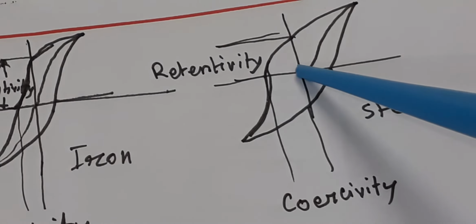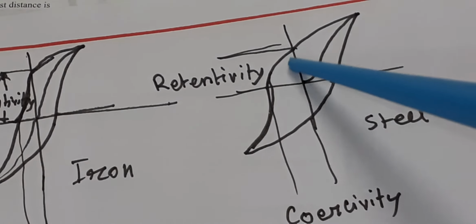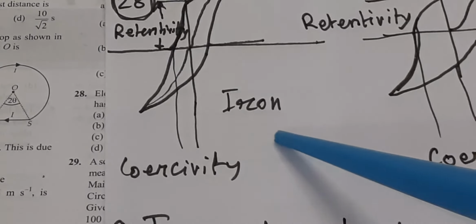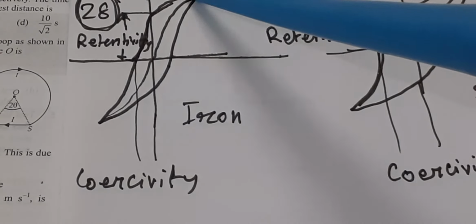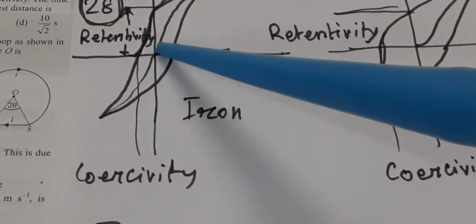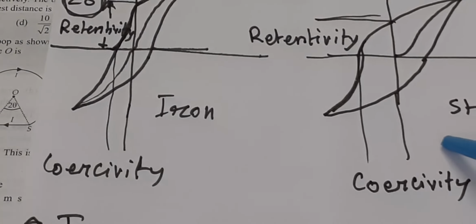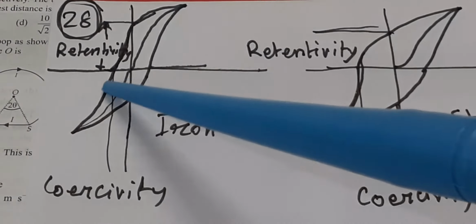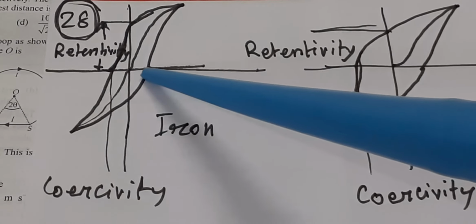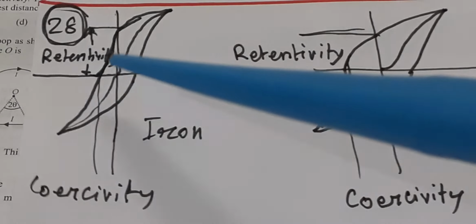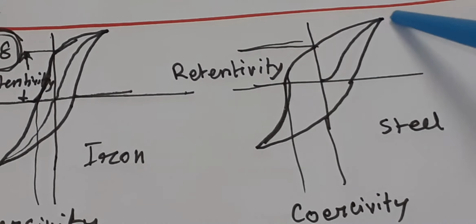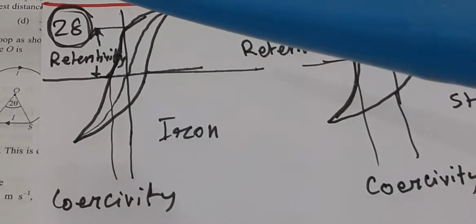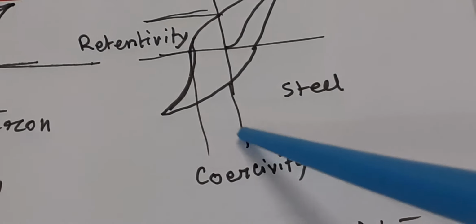This length is called coercivity and this height is called retentivity of the magnet. Now for iron the retentivity is high and the coercivity is less than steel, and you can see the area taken by this hysteresis curve is much less than the area occupied here. That means the hysteresis loss for iron will be much less than steel.